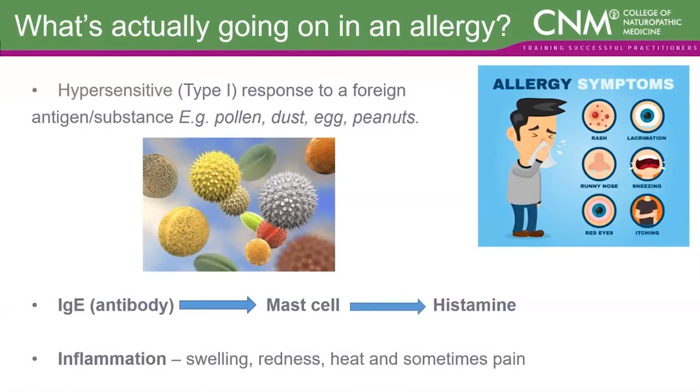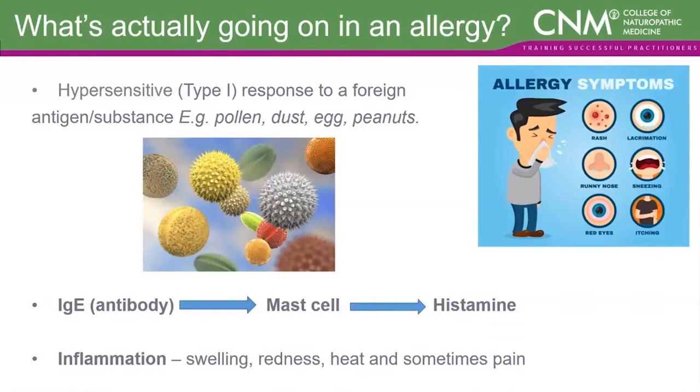But in essence, histamine's job is to widen the motorway, so to speak. So it dilates the blood vessels, and by doing so, it allows more blood supply to rush into the area where we have this potential threat. Remember, the body thinks it's under threat. That's why it's having this exaggerated response. It thinks that the pollen is potentially threatening the survival of the organism.